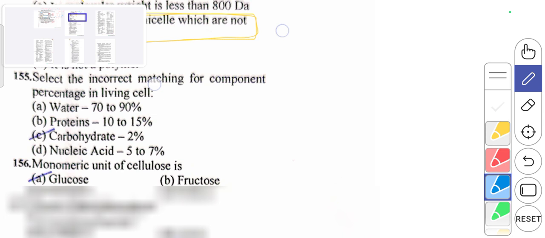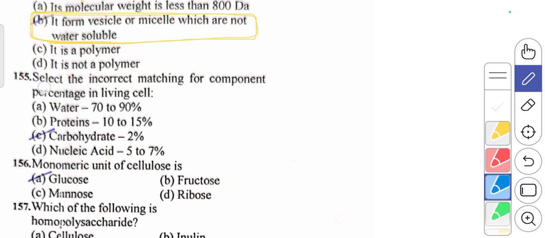We'll study the next one: select the incorrect matching for a component and its percentage in a living cell. They have given a tabular column in the textbook with different compositions of a cell: water, protein, carbohydrates, lipids, nucleic acid, ions, etc. All you need to do is select the incorrect matching.